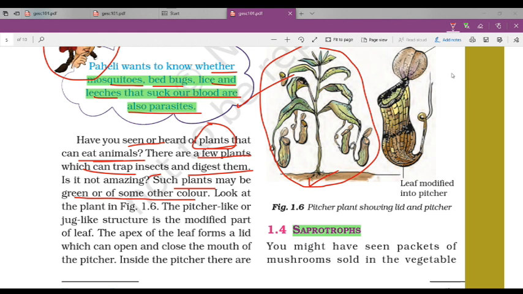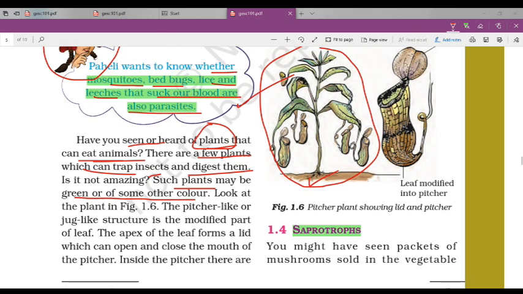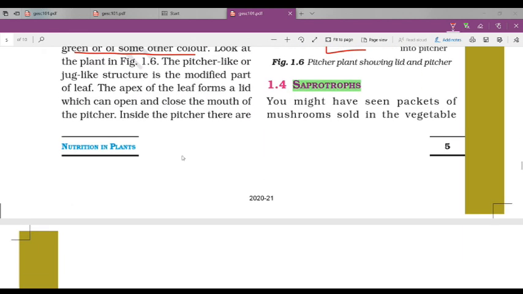They trap insects and small animals and get nitrogen compounds from their bodies, which are used for making protein. So where will we find these types of plants? We find them in areas which are deprived of nitrogen.